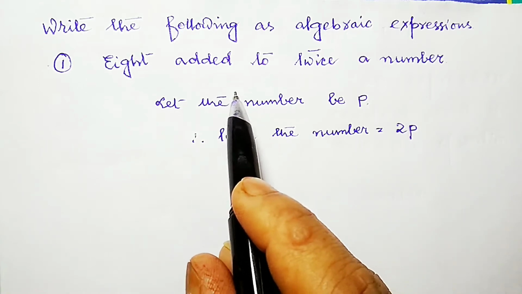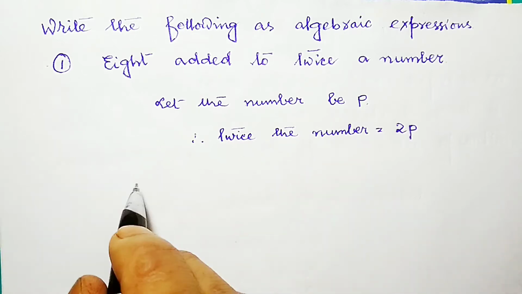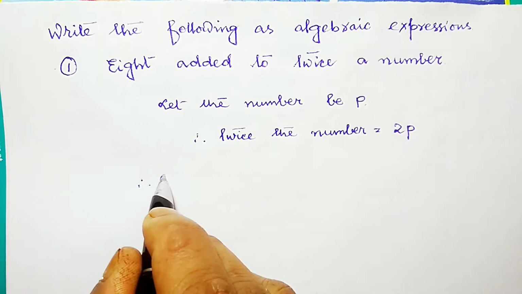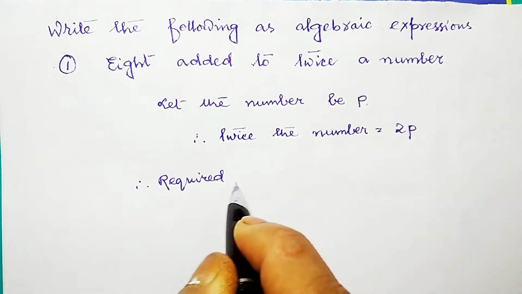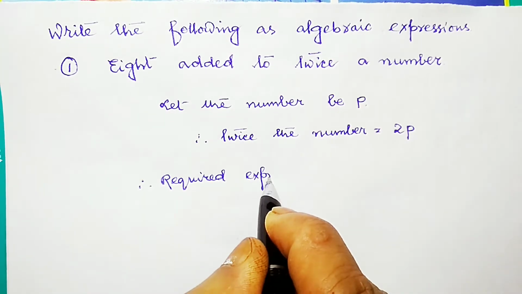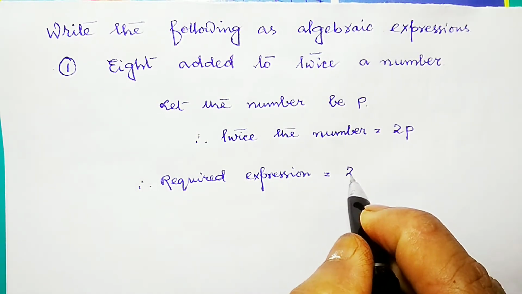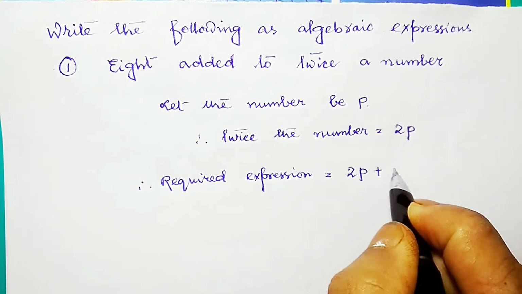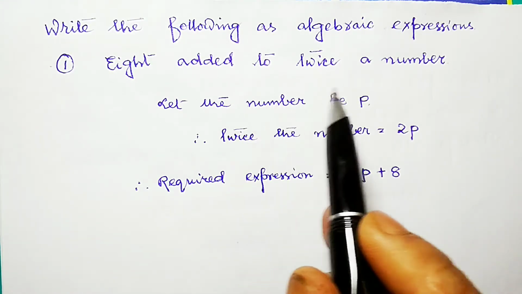Now what we have to add? 8. 8 is added to twice a number. So we can write, therefore, the required algebraic expression: twice p plus 8. As given in the question, 8 is added to twice a number.